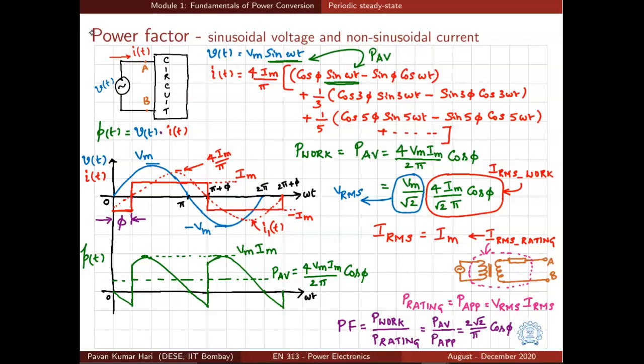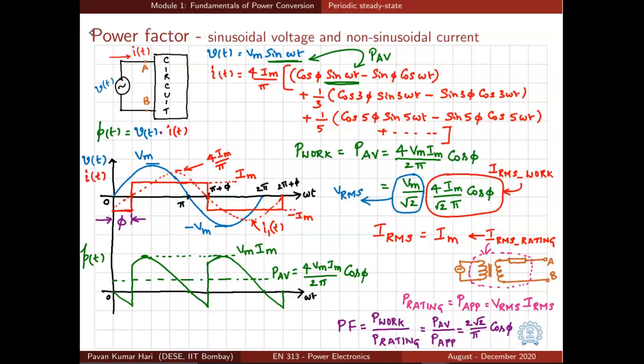Now if we decompose this 2 in denominator into root 2 and root 2, so Vm by root 2 corresponds to Vrms, and the remaining current 4 Im by root 2 pi cos phi is the RMS value of current that corresponds to the useful work done.